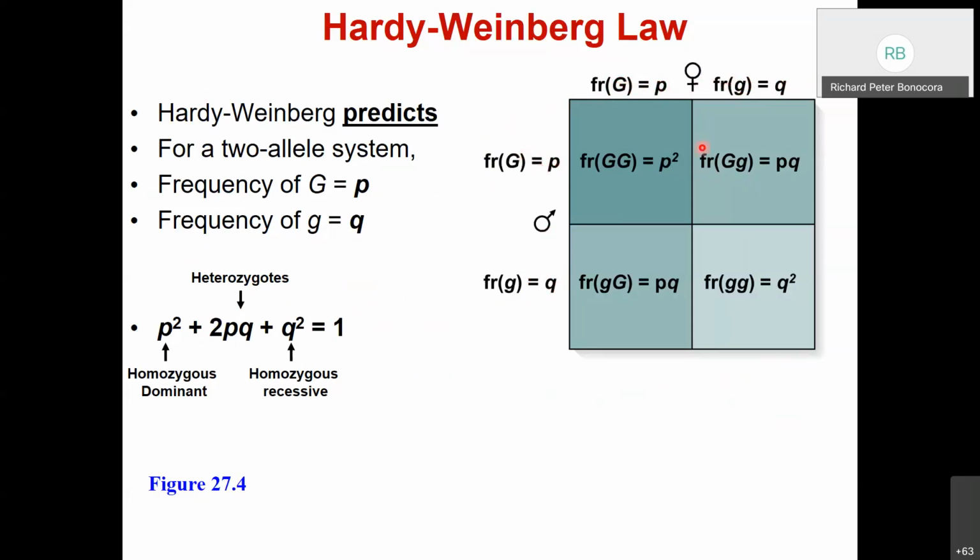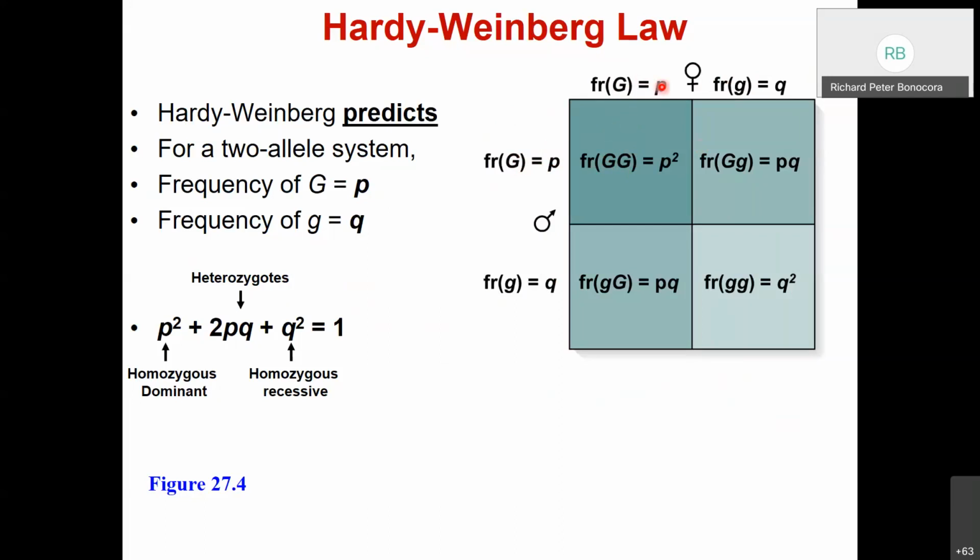So we can look now. We're used to looking at this. With this individual here, this is how you get a homozygous dominant individual. When gametes are formed, you get fertilization from a gamete that has this allele from the mother and a gamete that has the same allele from the father. This is all stuff that you've seen in the beginning of the class, but now we can talk in terms of the frequencies.